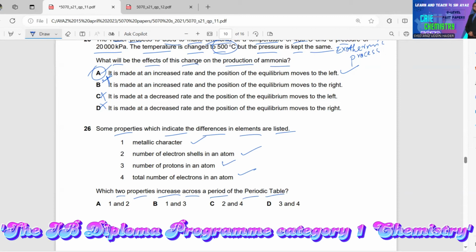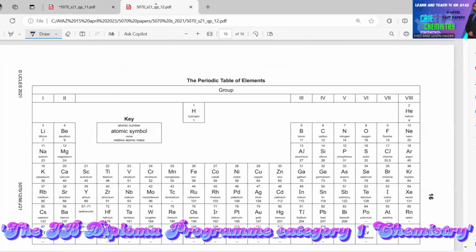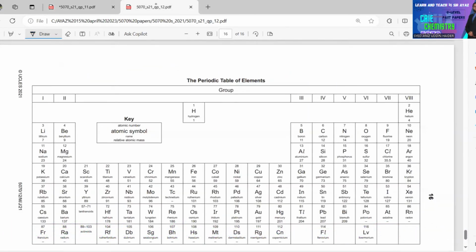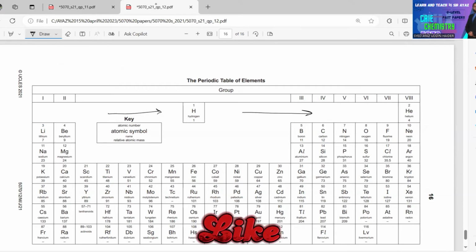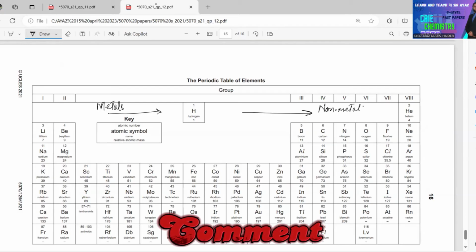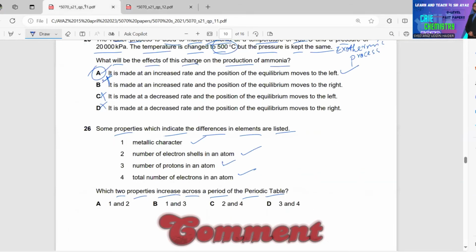does the metallic character increase? This is a periodic table. Moving from left to right hand side, we have metals on the left hand side and non-metals on the right hand side. So metallic property does not increase.